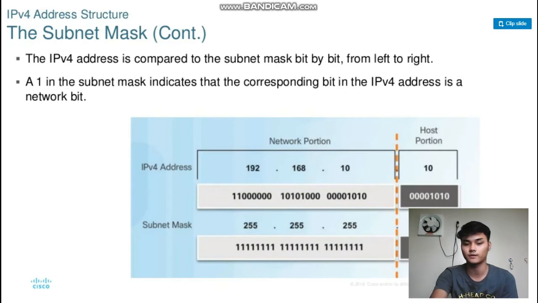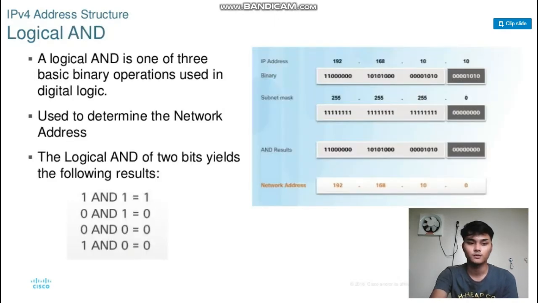So here's the figure. Logical AND: this is the basic for the logical AND. If 1 AND 1 is equal to 1; if 0 AND 1, it is 0; if it has a 0, it also is 0.